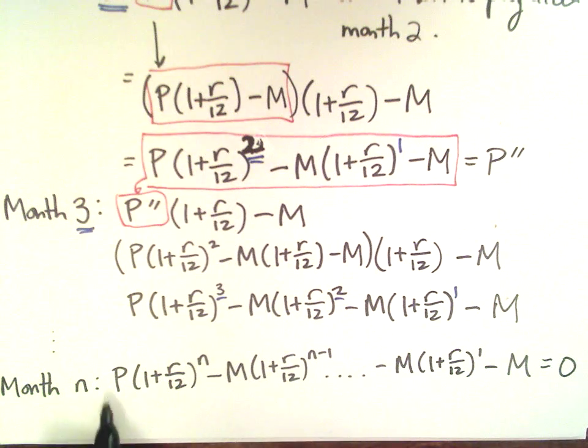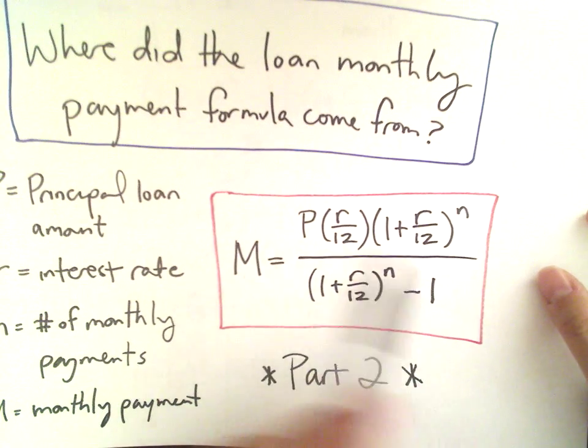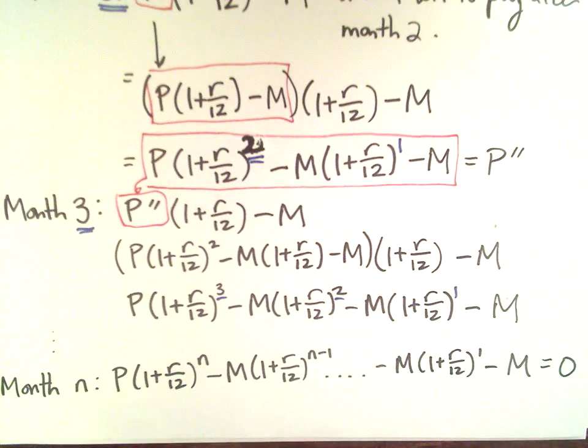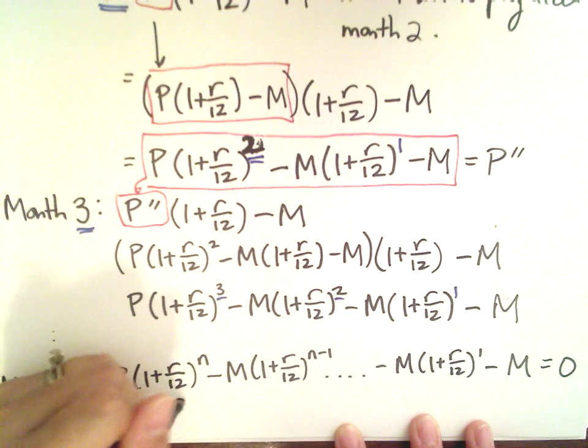So let's go ahead and try to work with this and simplify it, manipulate it so that it ends up looking like this formula once we solve for this m. Okay, so m is in a whole bunch of places, right? But fortunately it's at minus m, minus m, minus m, and we can factor all of that out. So let's go ahead and do that.